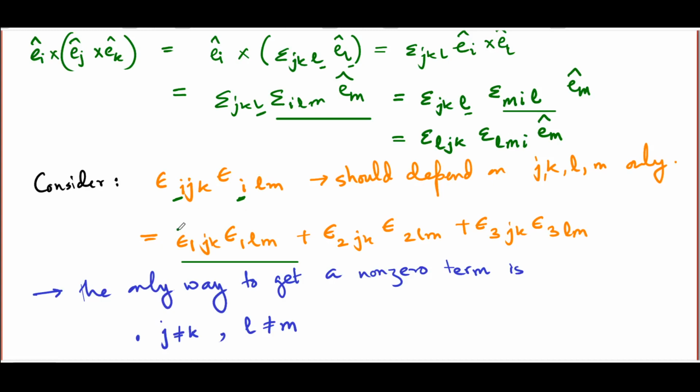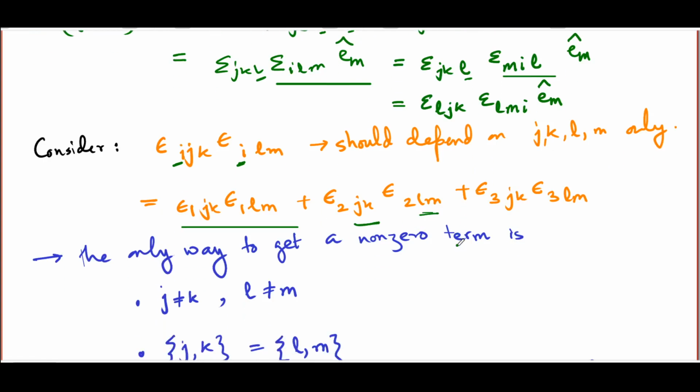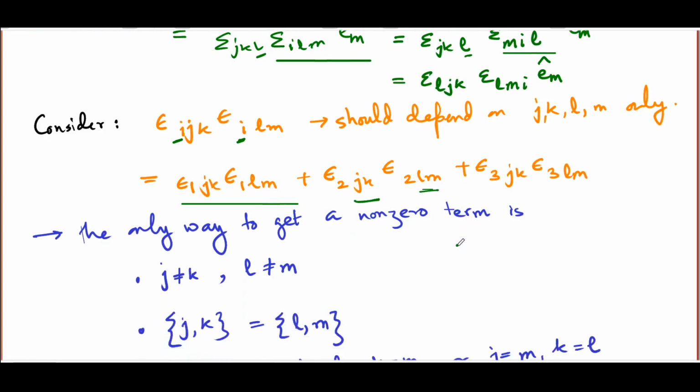Of course, that would give the first term a non-zero value. You could have got a non-zero value from any of the other two terms as well, but in each case it's easy to see that whatever pair of values j and k have, l and m must have the same value as a set. That is, jk must be as a set the same as lm. And in each case, it's obvious that only one of the three terms in this sum is going to end up giving you a non-zero result.